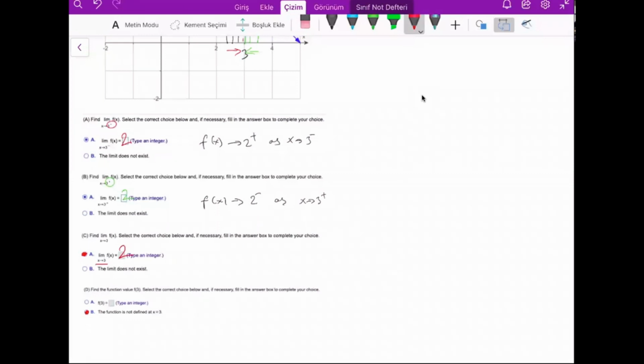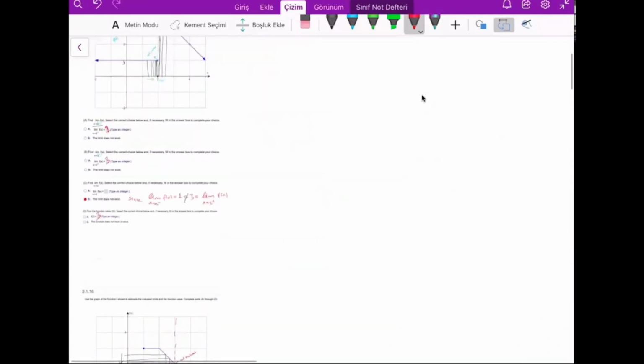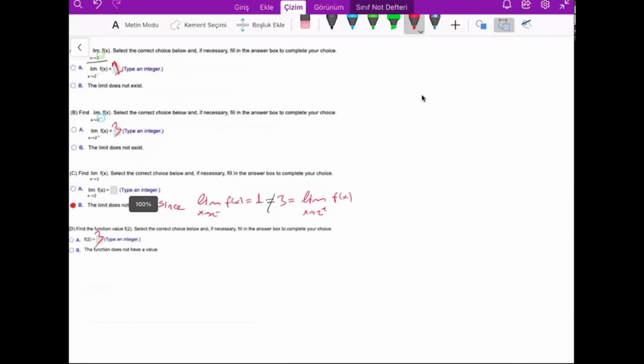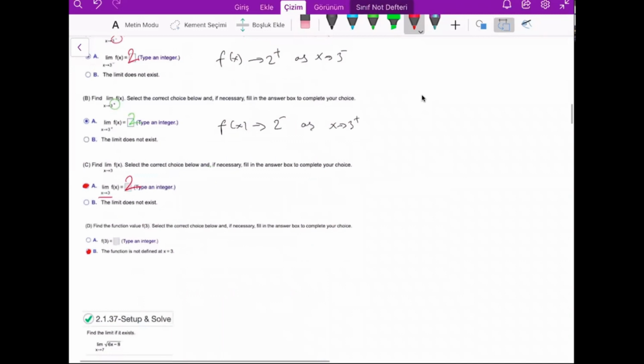Let's look at these two examples all together. In the first example, the limit does not exist, but the function value is defined. The function is defined at the point 2, but the limit does not exist at the point 2. In the second example, although the limit of f of x when x approaches 3 exists, the function is not defined at the point x equal to 3.